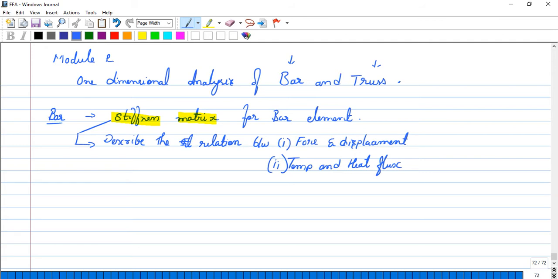Okay, the stiffness matrix can generally be represented in two types. The first one we call the element stiffness matrix.